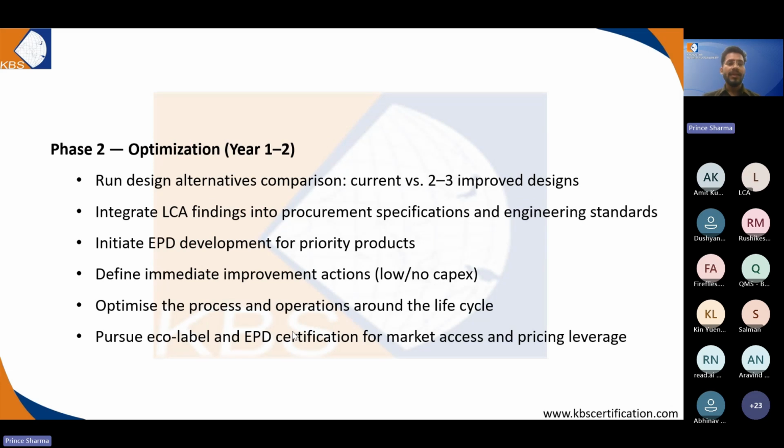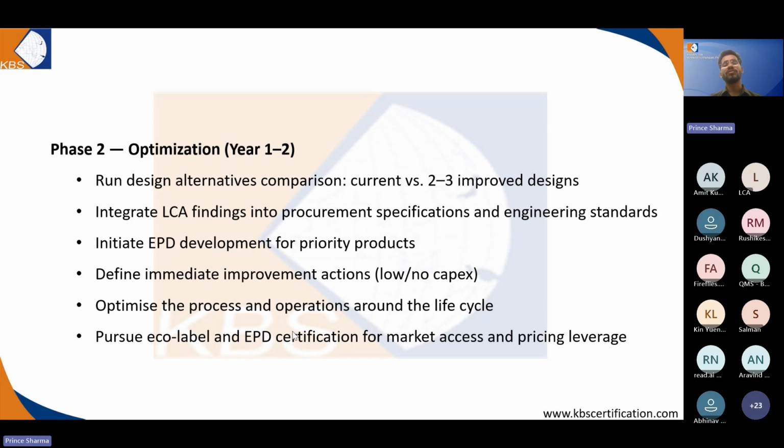Then optimization. During the optimization phase, what you will also have is type 1, type 2 or type 3 EPDs. Apart from that, the LCA report that you can have, or you can participate in different marketing bids. After that first life cycle assessment, you will be able to redesign or change or compare your product with alternatives that you already have.